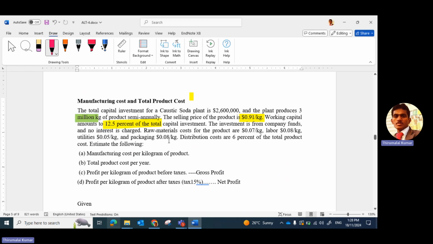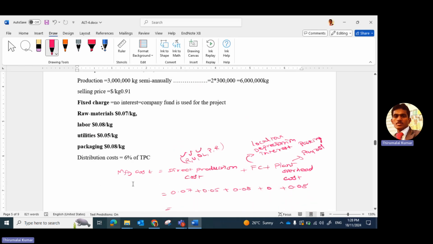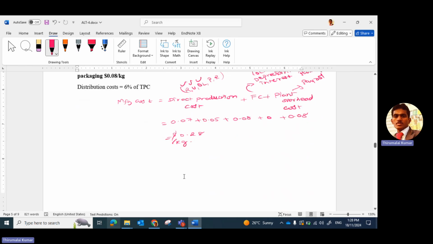So 0.08 plus 0.08 is 0.16, plus 0.07 is 0.23, plus 0.05. At the end, we get $0.28 per kilogram. So this is the manufacturing cost for 1 kilogram.